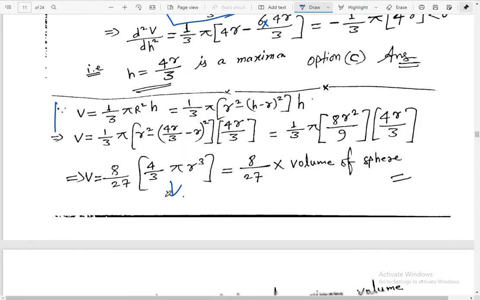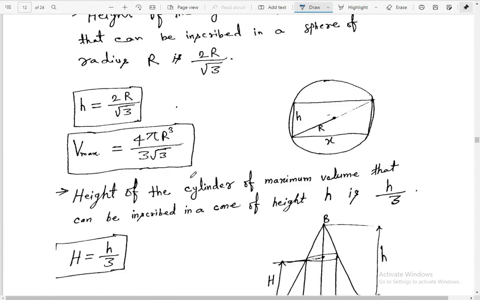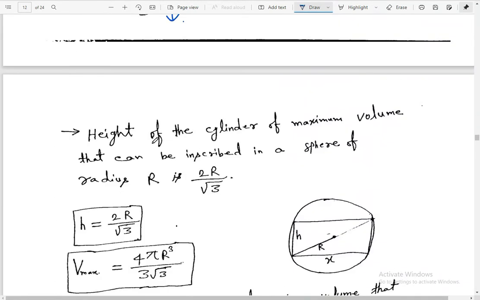I mention some more questions. If the height of the cylinder of maximum volume that can be inscribed in a sphere of radius r is, the question might come like this. This is the cylinder.